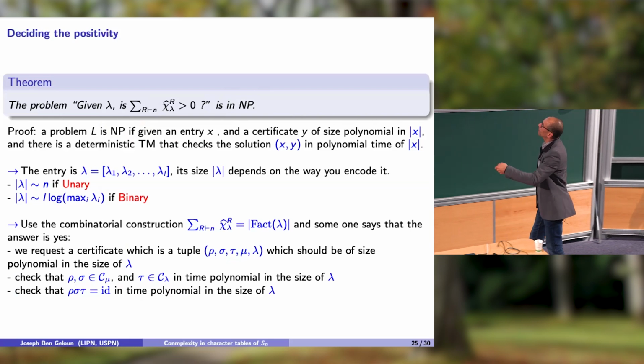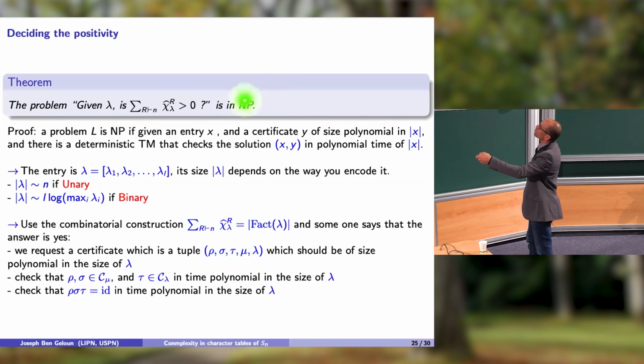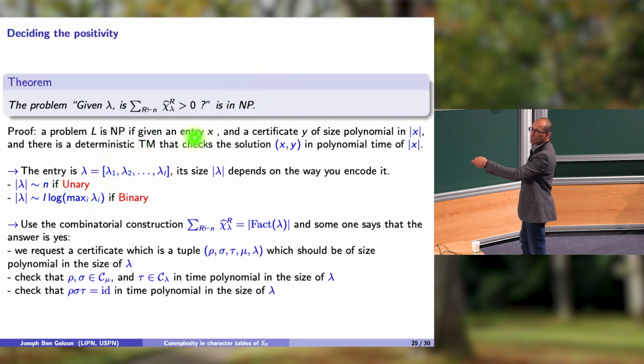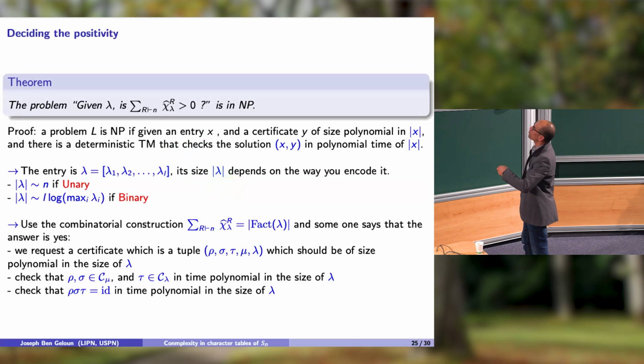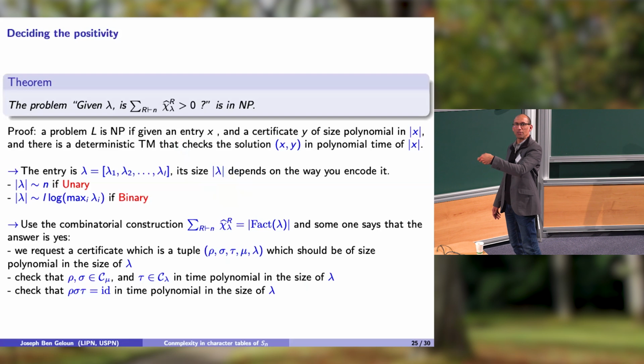So what's the entry? The entry is your partition lambda and its size. Beware, this is not the weight of your partition, but just the size of the encoding.